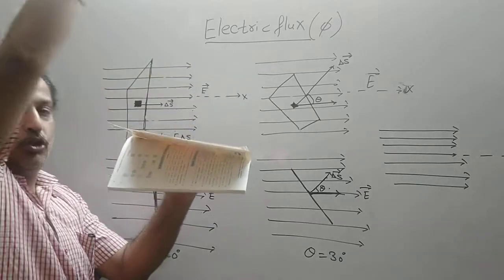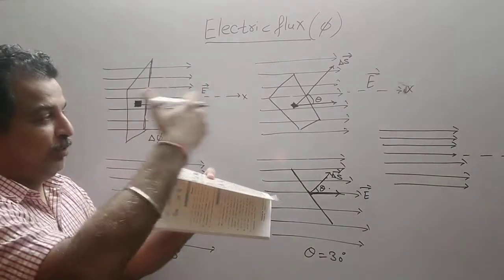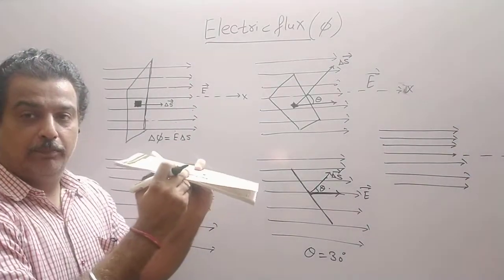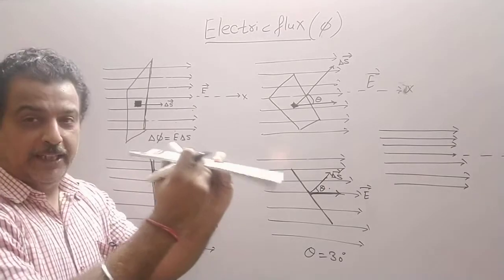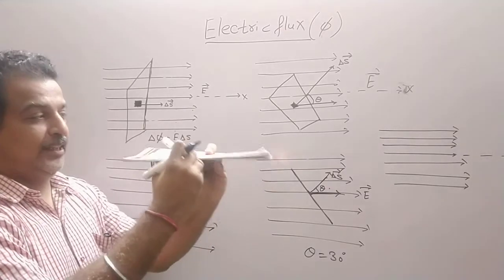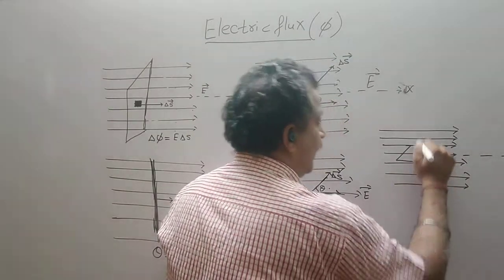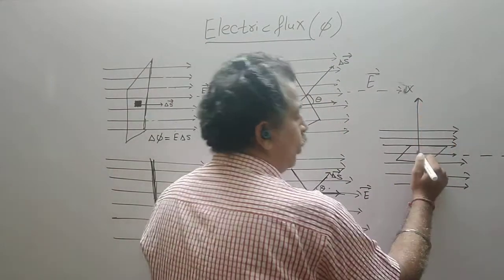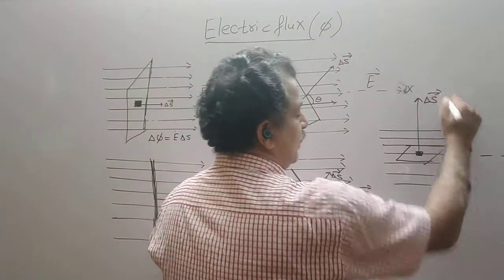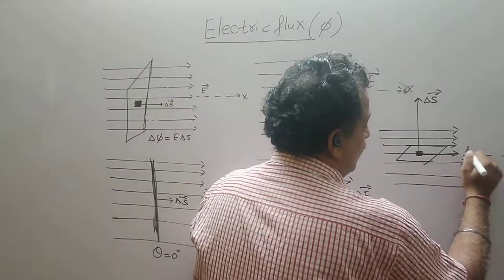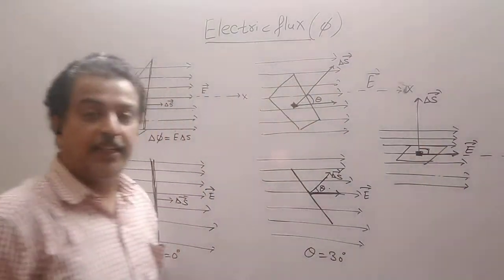So the area vector is drawn upward along the y-axis, as we have seen before in the introductory part. Now if I orient this surface like this, and I take a small element, this is delta S vector, and the field is again along the x-axis, so the angle becomes 90 degrees.